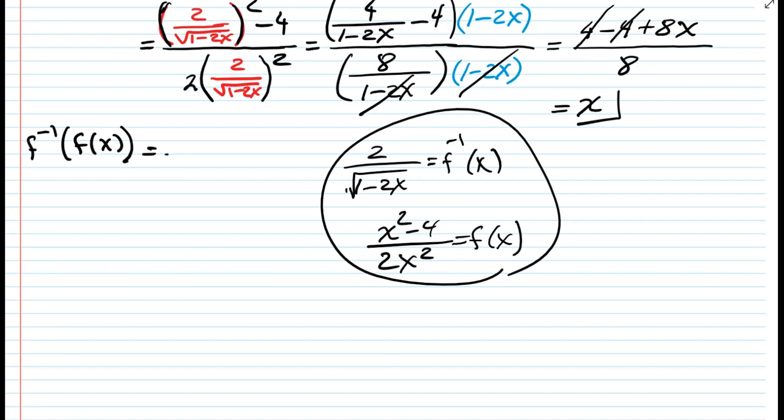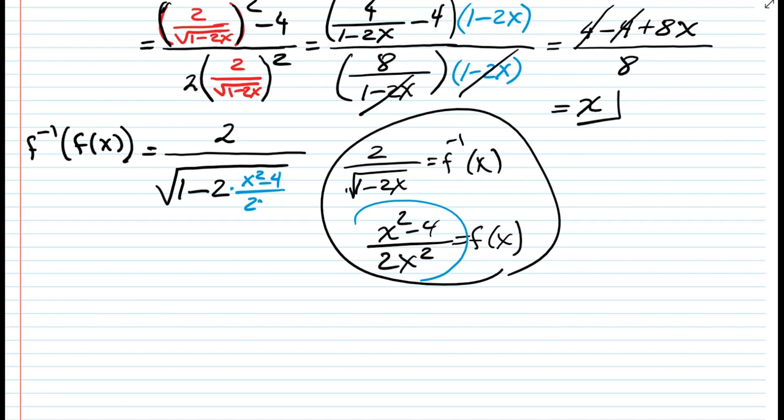And therefore, we are plugging into the outside function. The outside function is the square root. That means I'm going to do 2 over the square root of 1 minus 2x, but then x is now f of x, which is 2 times x squared minus 4 divided by 2x squared. Right? That's what we just did. All right.